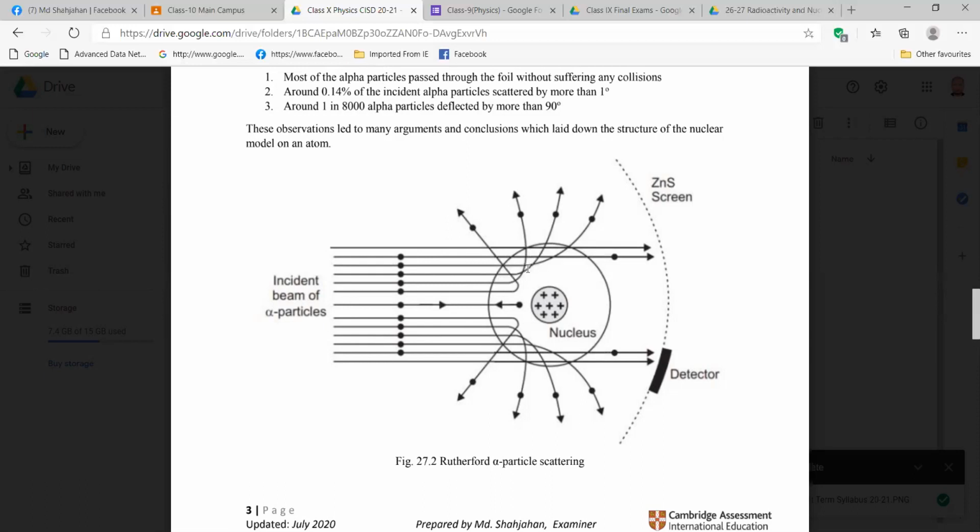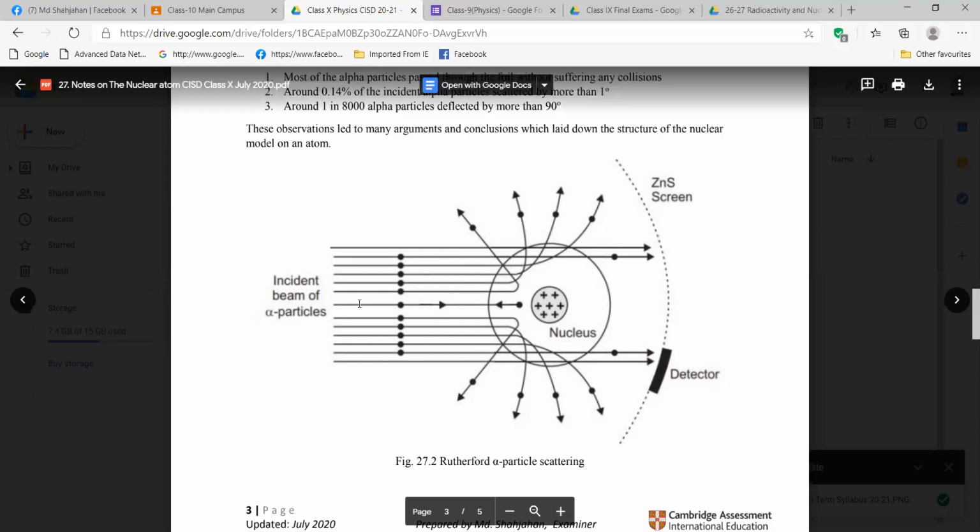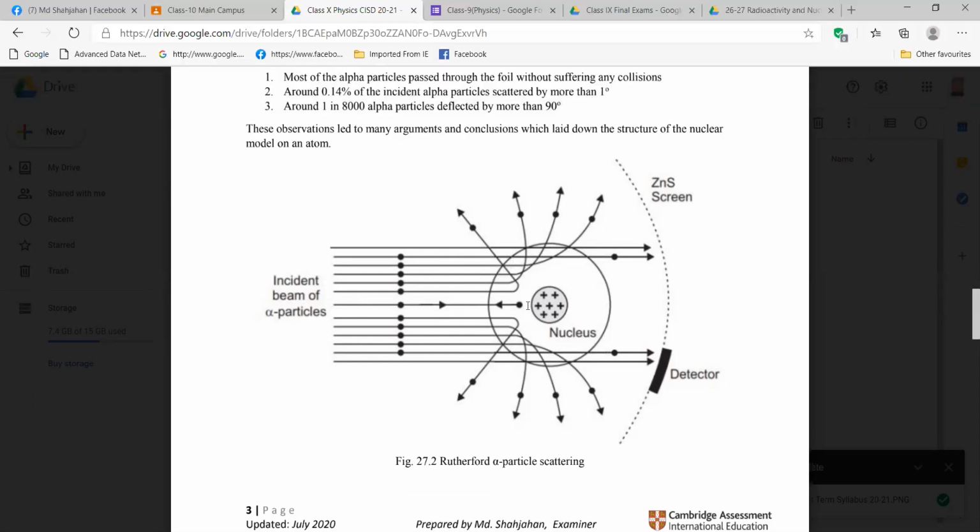A little bit farther one bends a little less, and the farthest bends least. This way it's happening. And the one which is coming directly is returning back from the nucleus.